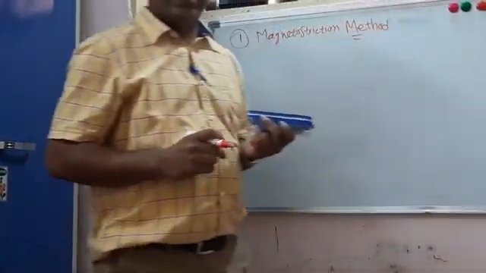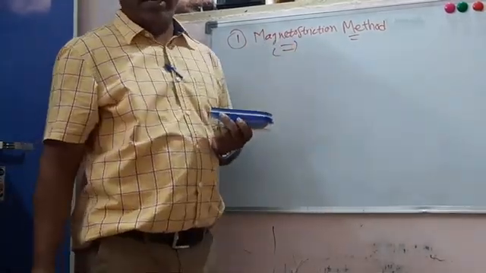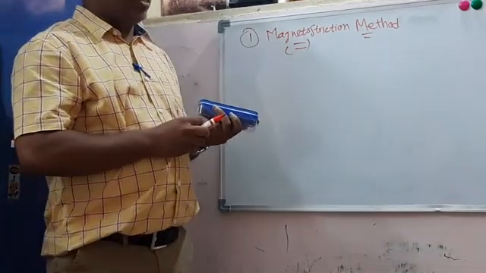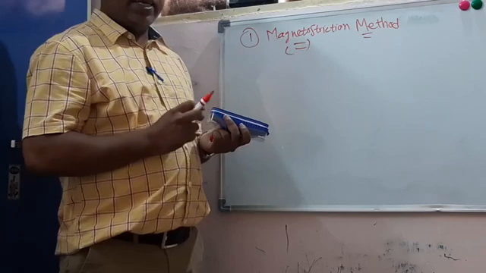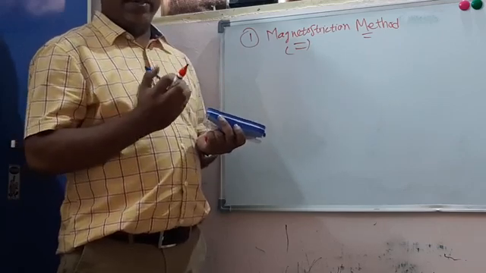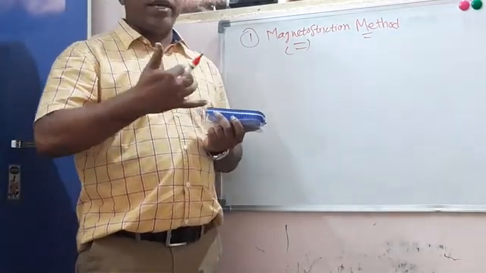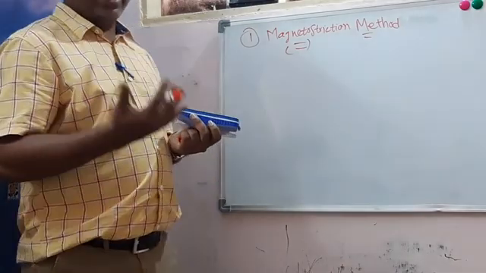See, magnetostriction means when a magnetic material is magnetized, in the process of magnetization, its length is changed, and also in the process of demagnetization, its length is slightly decreased.